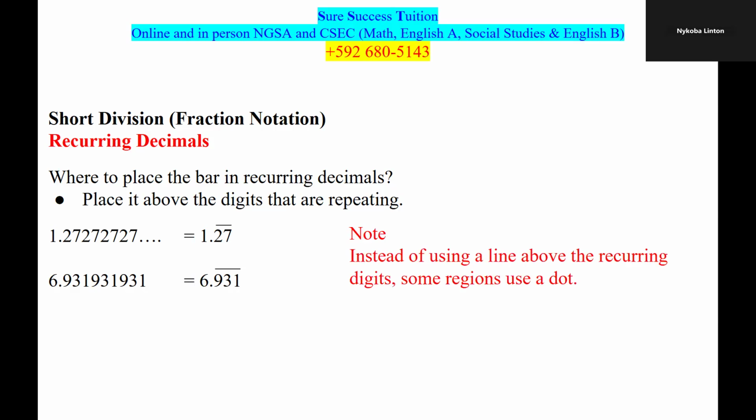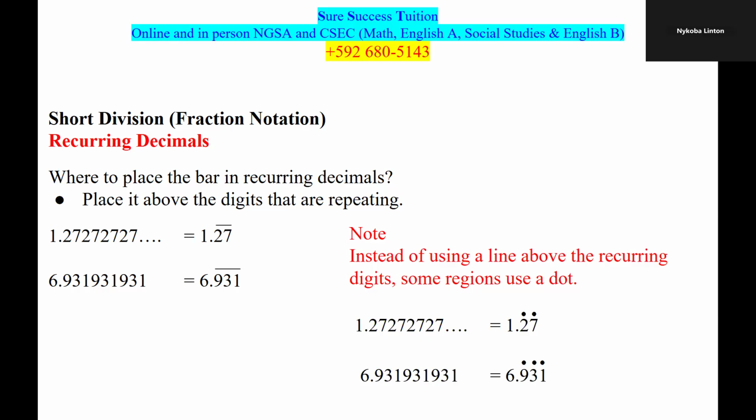But there's something to note. Instead of using a line above the recurring digits, some regions use a dot. So 1.27272727 recurring would be like this. 1.27, notice we have dots above the 2 and the 7. So it's similar to the bar. Similar here, 6.931931 and so on, recurring.